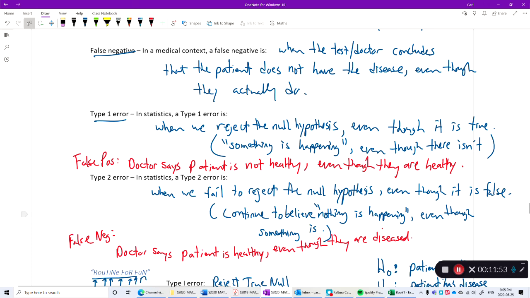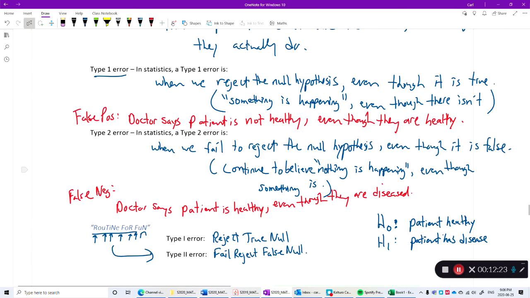So that's not that bad, right? It's saying you're going to get the treatment even though you don't need it, and it might be inconvenient. So a false positive is not the worst thing. It's like with COVID-19 testing: say you get the test and it says you have COVID-19, you might be very stressed out about that, but you're not actually sick. And so hopefully you would do another test and you would find out that no, you're not sick.